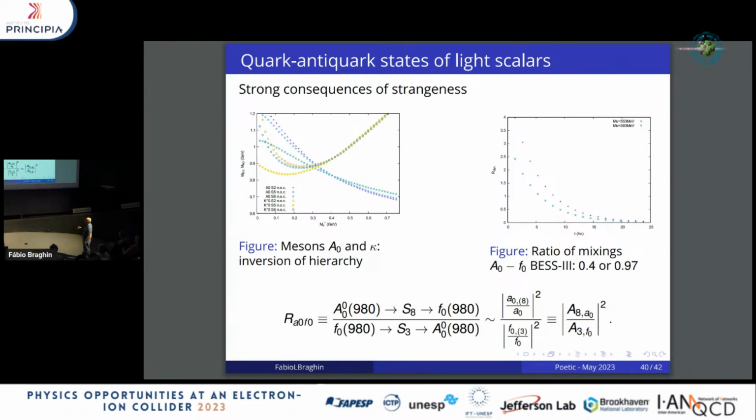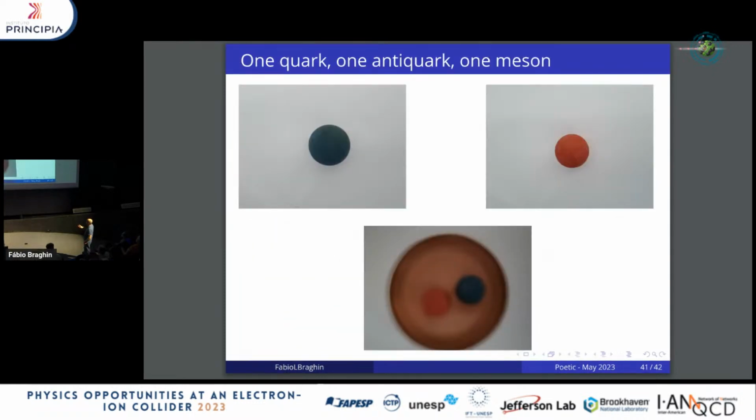The experimental analysis provides two different values, and these different values go along with the calculation by taking into account this strange content in the sea quarks level of the Nambu-Jona-Lasinio model. And it looks like when you consider these mixing terms of the polarization tensor, if you want to add one quark and one antiquark, what you get is not really exactly a flavor eigenstate as you have for isolated quark antiquark.